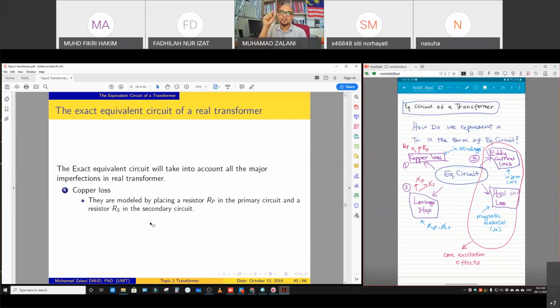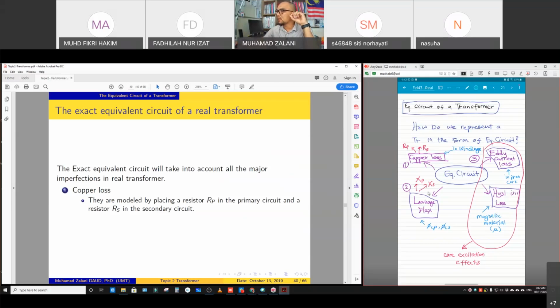Copper loss is the loss related to heat released from the transformer, and heat can normally be represented by a resistive element. So how do we model the copper loss? We put a series resistance at the primary and the secondary part of the transformer.